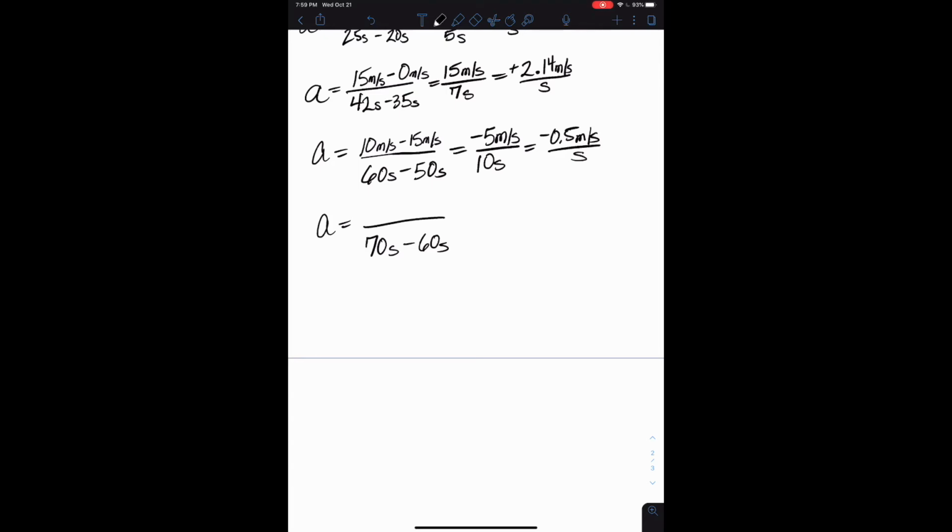The final is negative 10, and the initial is positive 10. This should be a negative slope, so negative 10 minus 10 is negative 20. That checks out. And then we got 10 seconds on the bottom, so we're saying negative 2 meters per second per second.